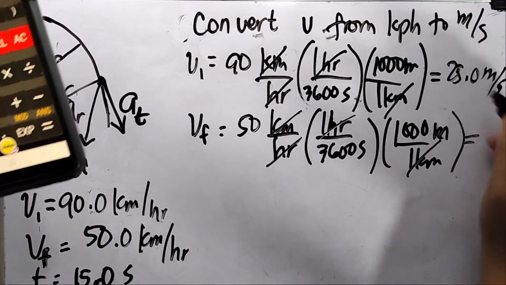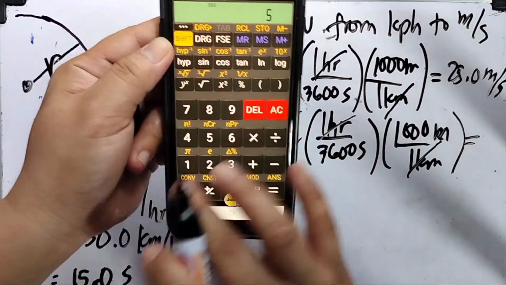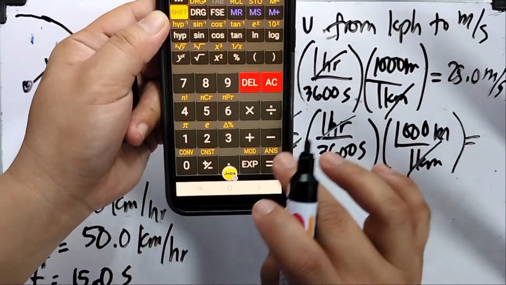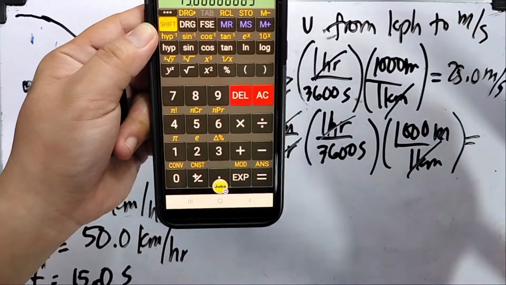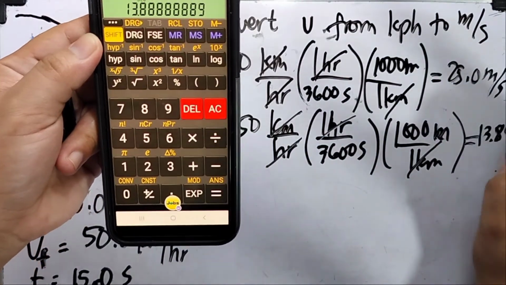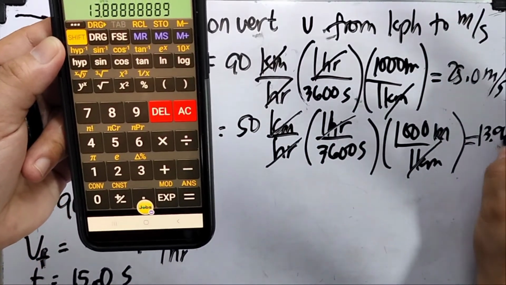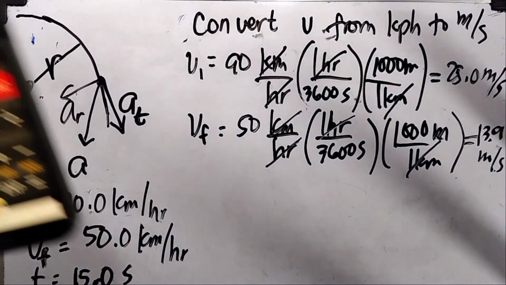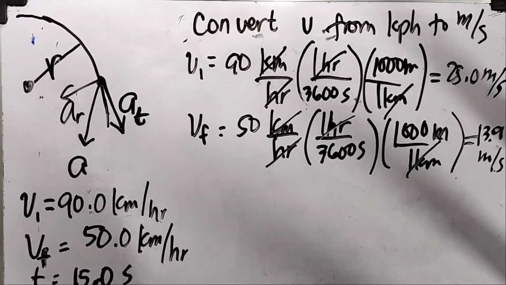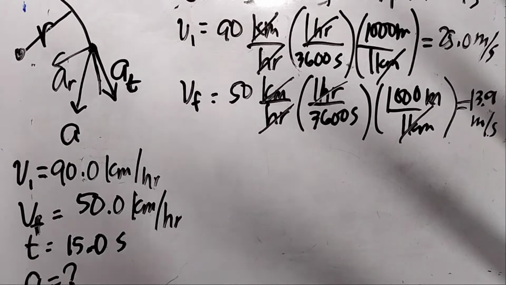So 25 meters per second for the initial velocity, and for the final velocity, that is 13.8 meters per second. You observe that the final is less than the initial because there's a slowdown during the turn.